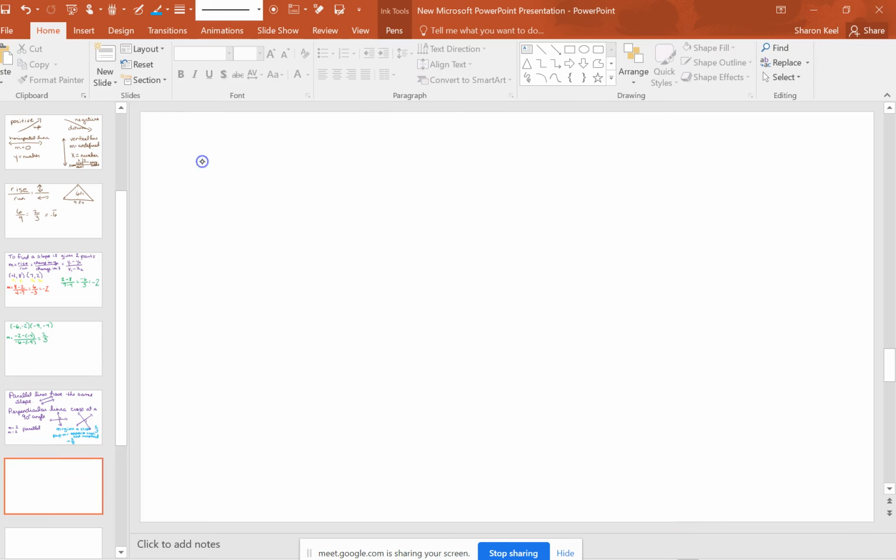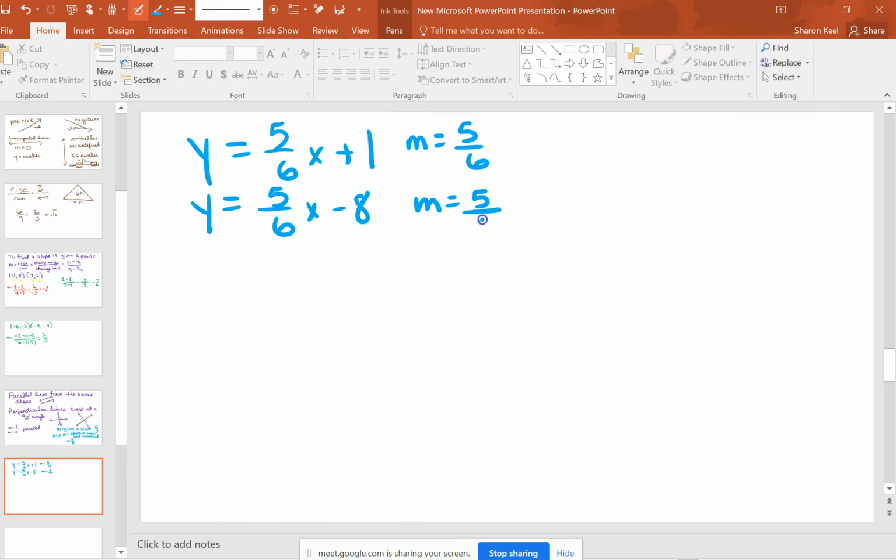So if I give you y equals 5/6 x plus 1 and y equals 5/6 x minus 8, the slope of each of these is 5/6. When I look at those two slopes, they are the same, so they are parallel.